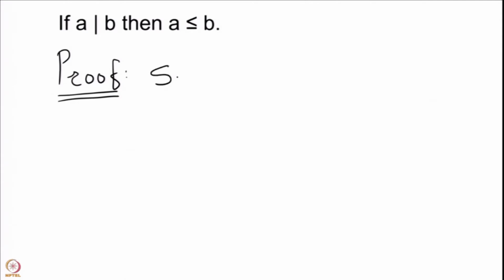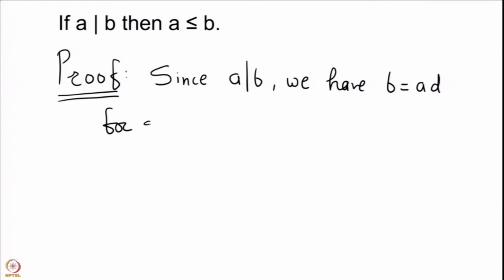Since A divides B, we have B equal to AD for some natural number D, right. So, we have B as a product of A and a natural number D.